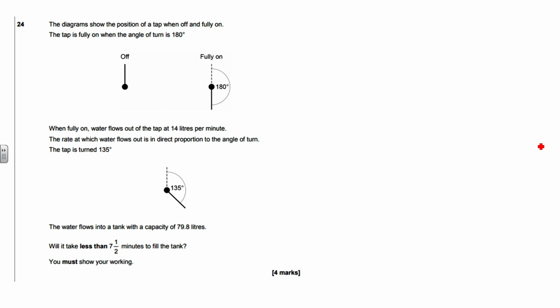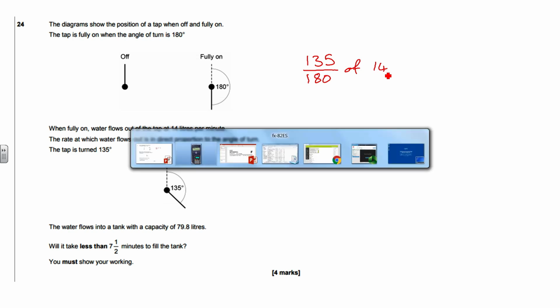So, the water flows into a tank with a very specific capacity of 79.8 litres. Will it take less than 7.5 minutes to fill the tank? So, how much water's coming out? So we need to work out 135 180ths of 14. That's got to be our first task.